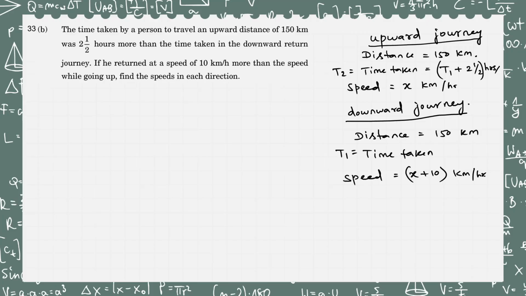Time 2 minus time 1 equal to 2.5 hours. So we have to find out both the time takens according to the scenario. Let us see how to do that. We know that time taken is equal to distance by speed, isn't it? Because speed equal to distance by time taken.